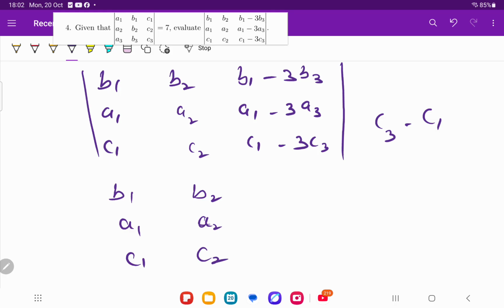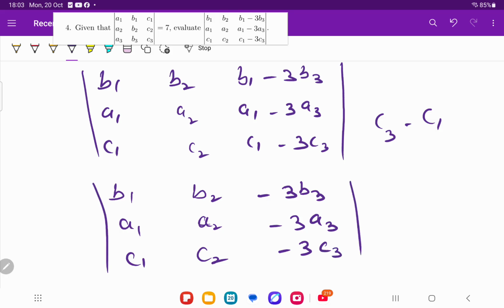When we subtract, b1 minus b1 cancels, so what remains is minus 3b3. Minus a1 and plus a1 cancel, and what remains is a3. Minus c1 and plus c1 cancel, and what remains is minus 3c3.